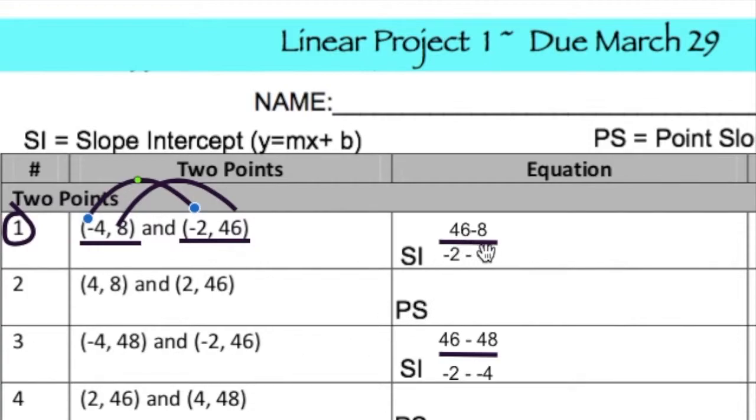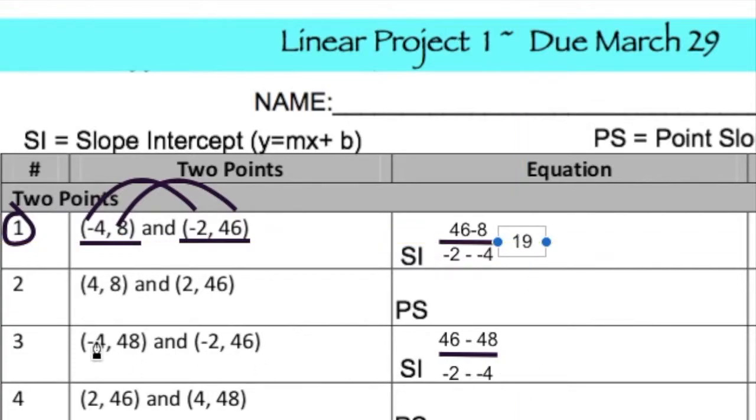So 46 minus 8 is 38, and negative 2 take away a negative 4 is negative 2 plus 4, which is 2, and 38 divided by 2 is 19. So I might just go through and type, or in your case, write in that the slope is 19.